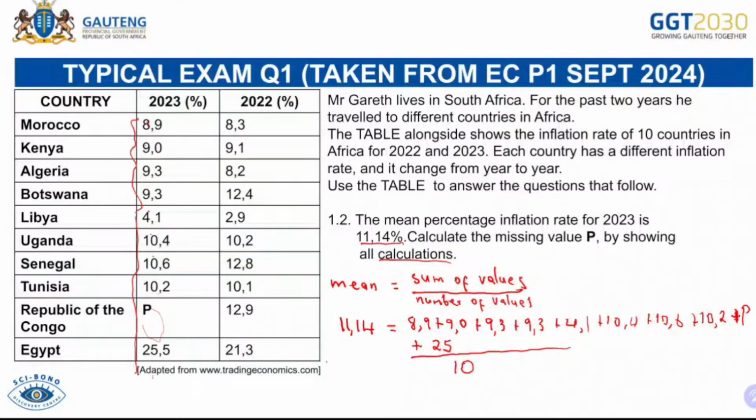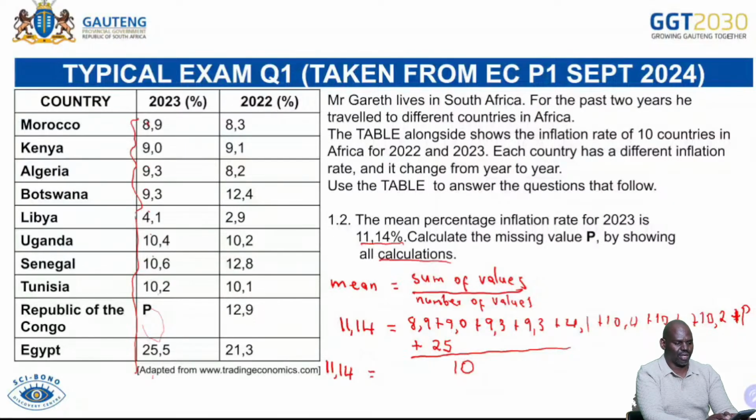So what I'm going to do is, 11.14 is still on the left-hand side. I'm going to add up all the numerical values, all the numbers there. So I've got 8.9 plus 9.0 plus 9.3 plus another 9.3 plus 4.1 plus 10.4 plus 10.6 plus 10.2, and then of course plus 25.5.